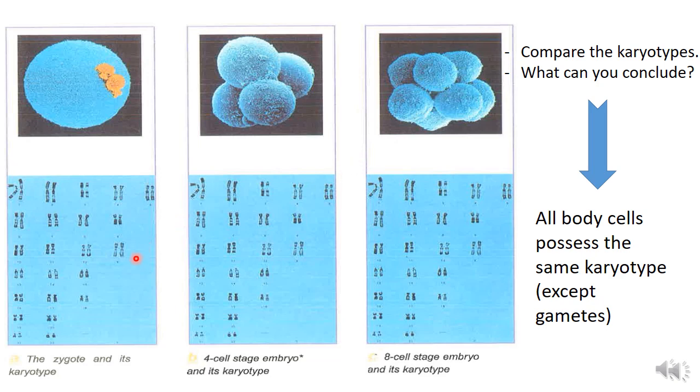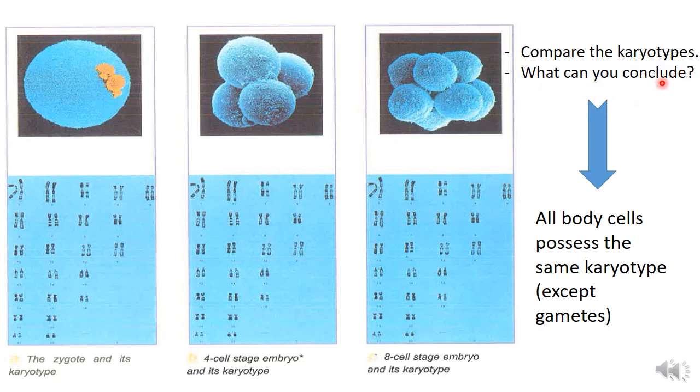Moreover, the last pair, which is the gonosome, is XX in the first, XX in the second, XX in the third. So, by comparing these three karyotypes, no differences are observed. The three karyotypes show the same number of chromosomes as well as the same structure.